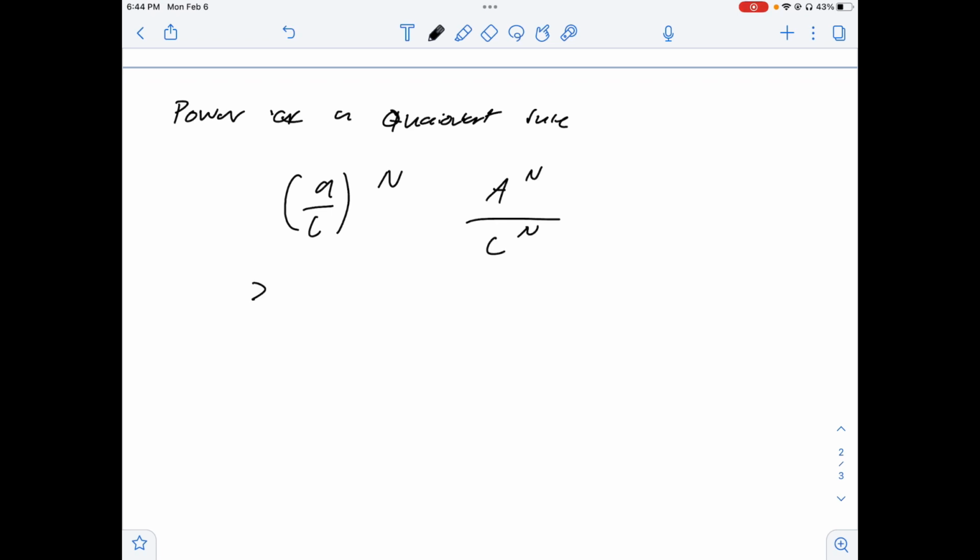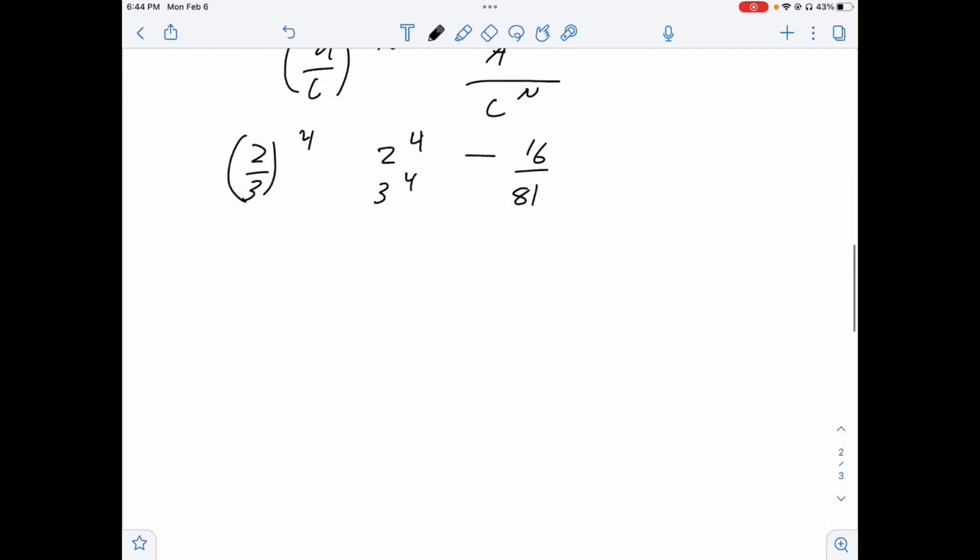For example, if I had 2/3 in parentheses to the power of 4, I would do 2 to the power of 4 over 3 to the power of 4. 2 to the power of 4 comes out to 16, and 3 to the power of 4 is 81. If you had a different number, you'd most likely simplify, but 16 over 81 is already in its simplest form, so you do not have to simplify.